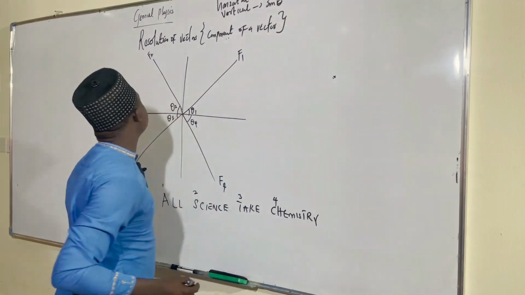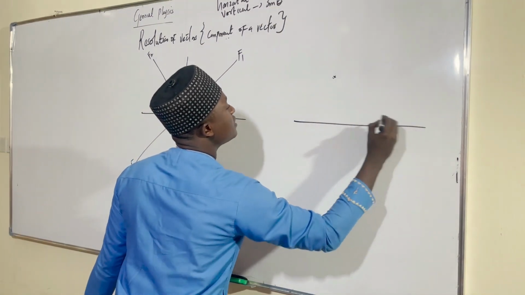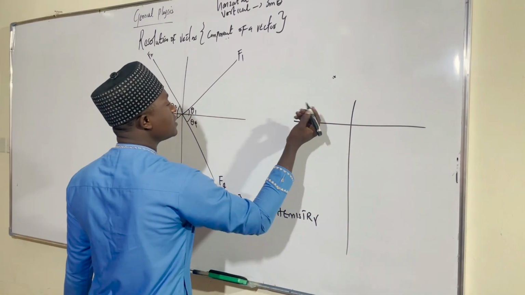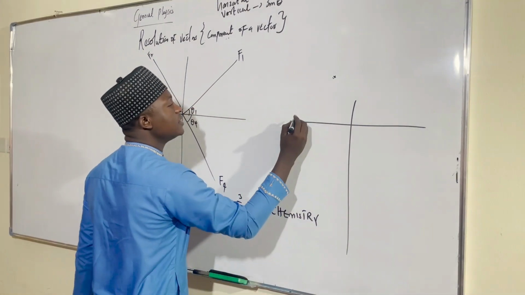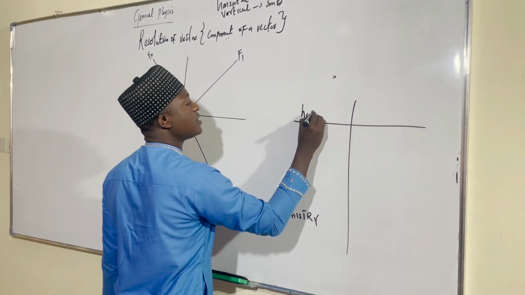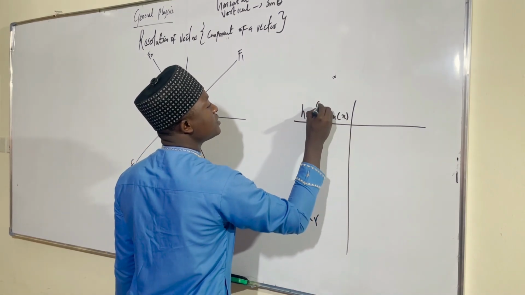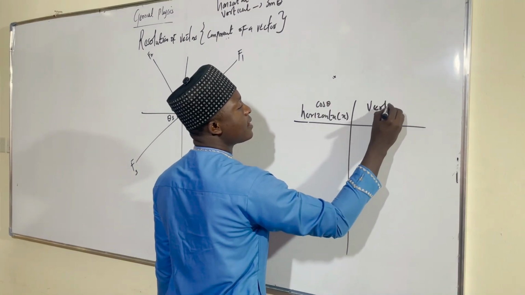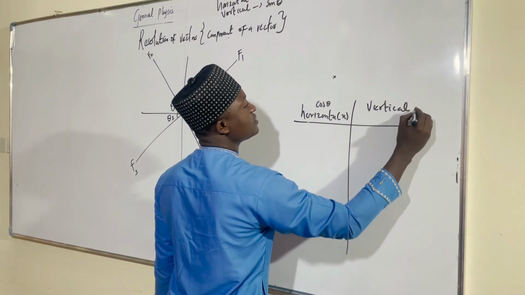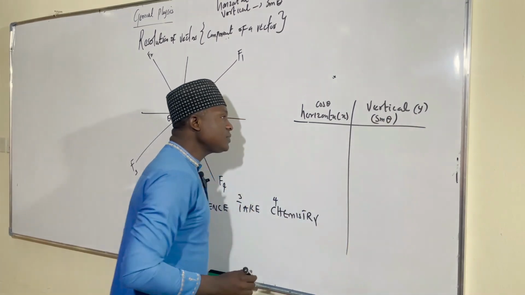Now let's see how we're going to do this. It's very simple and straightforward. Let's say I have a diagram like this. Say this is horizontal, the x-axis, and I'll be using cos. This is vertical, the y-axis, and I'll be using sine.